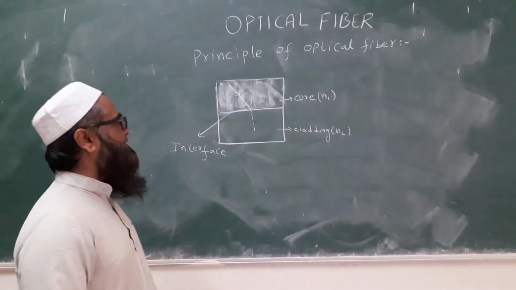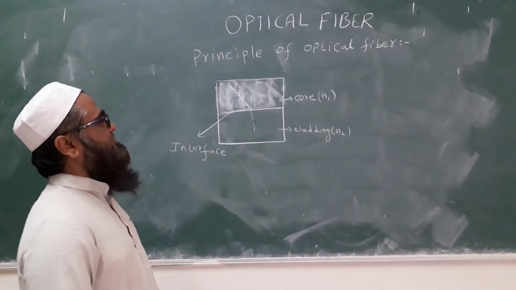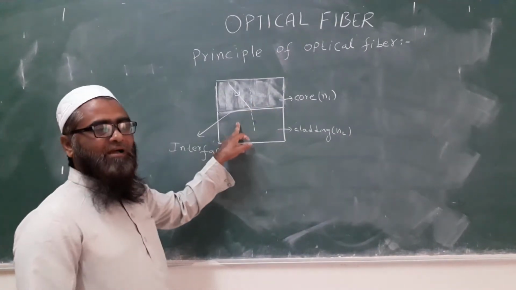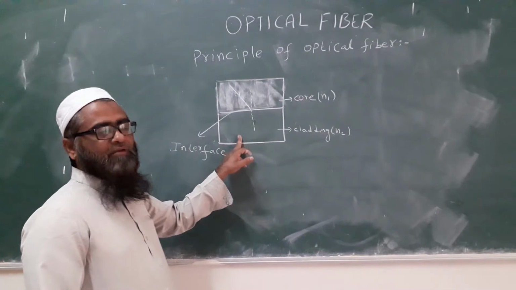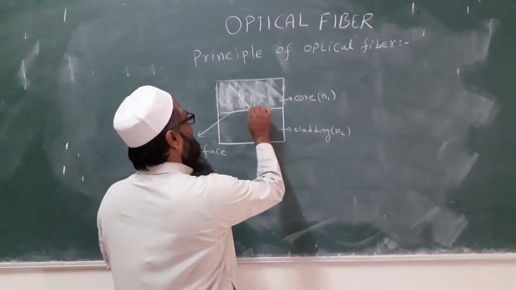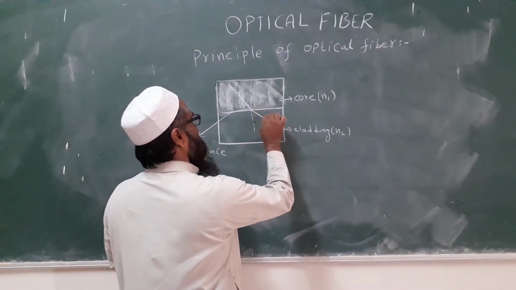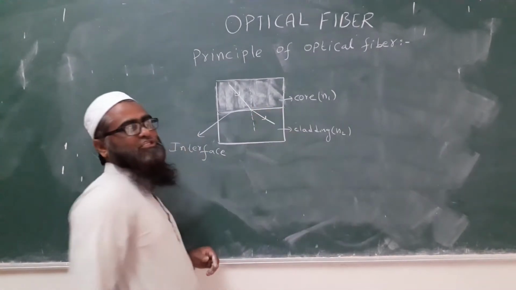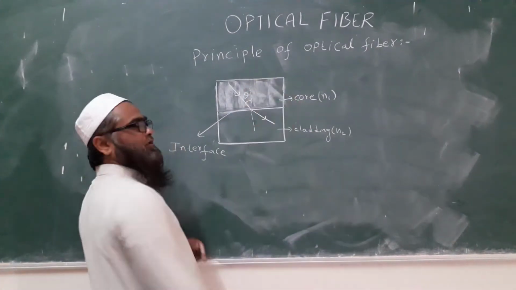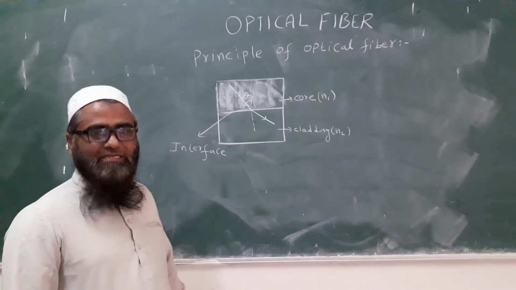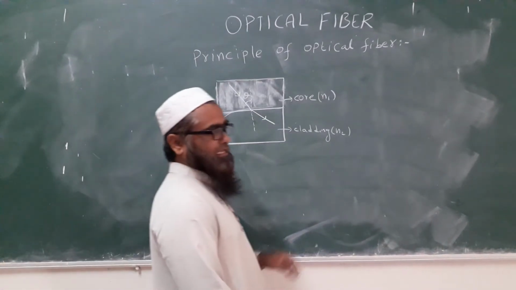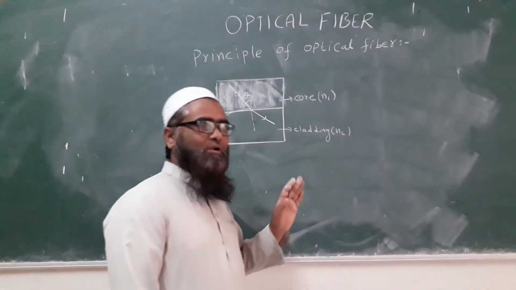So accordingly, the ray will take this direction. But if we increase the angle of incidence, then what happens? A particular angle is reached.